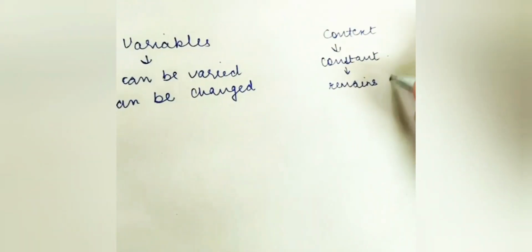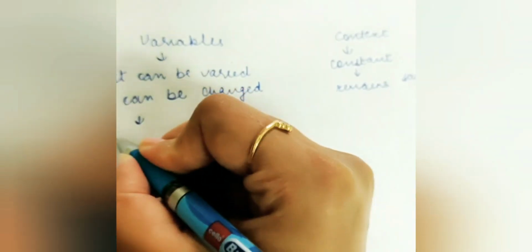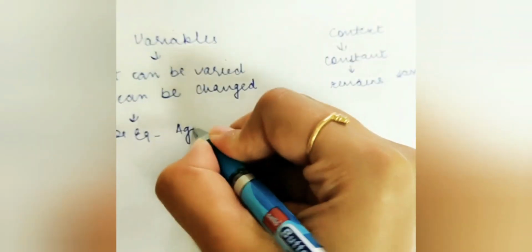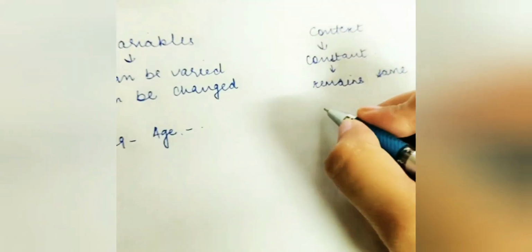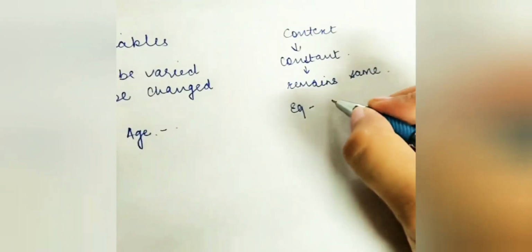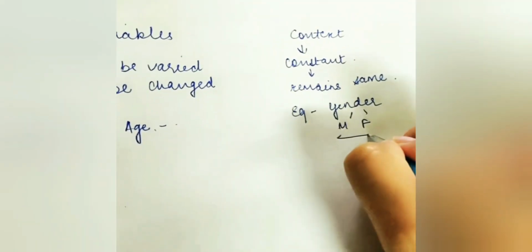A constant remains the same. For example, age varies. Gender, male or female, can never be changed.